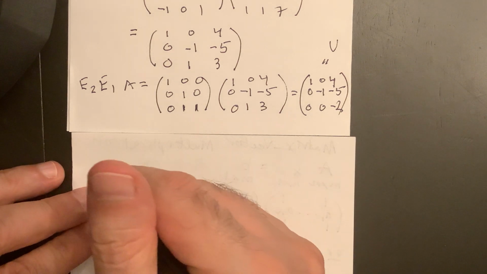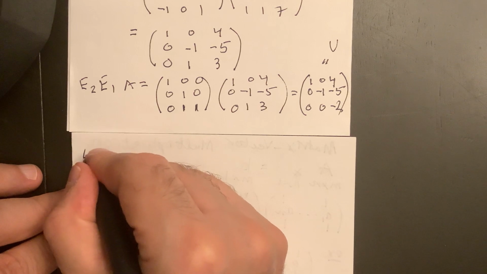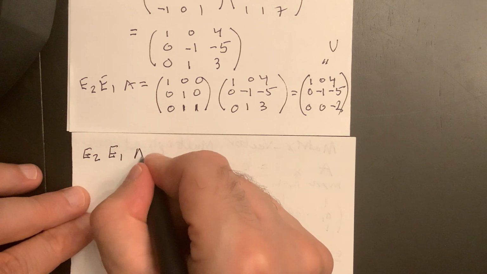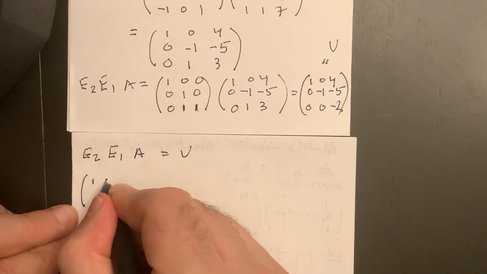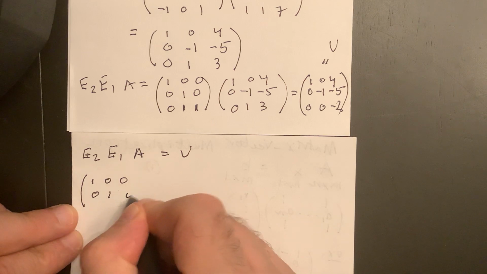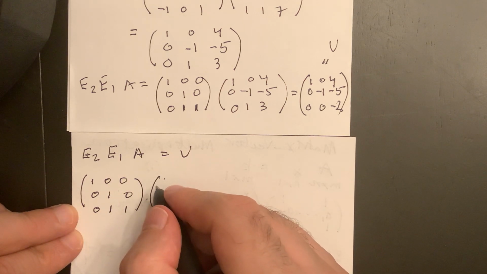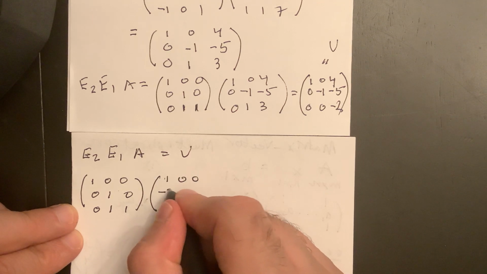Let me write this out again. So I have E2, E1, A equals U. If I write this out, I have 1, 0, 0. And what was the other one, 1, 0, 0.